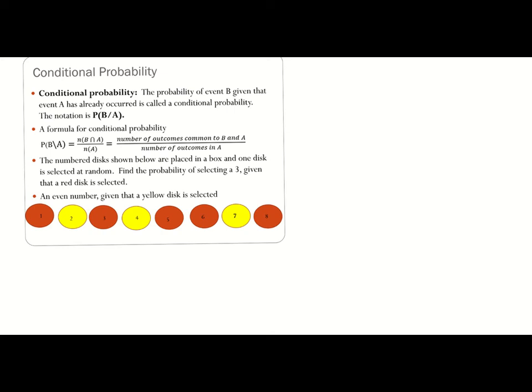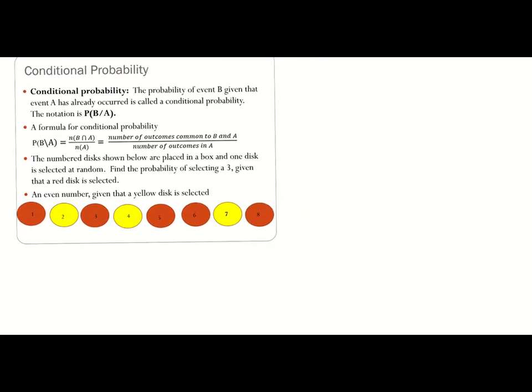Okay, so here we're going to look at conditional probability. Conditional probability is the probability that event B happens given that A has already occurred. So your A here is always going to be your denominator. So we have these discs down here, red and yellow discs.